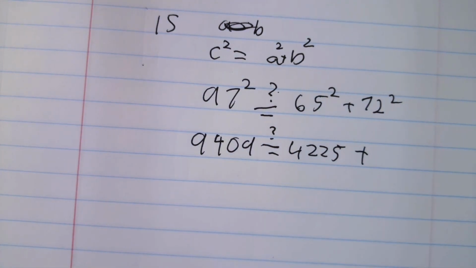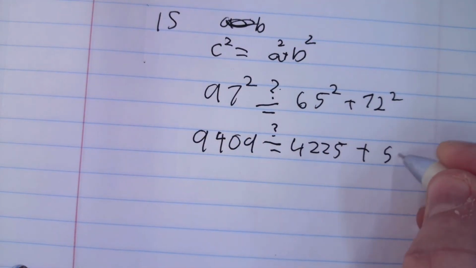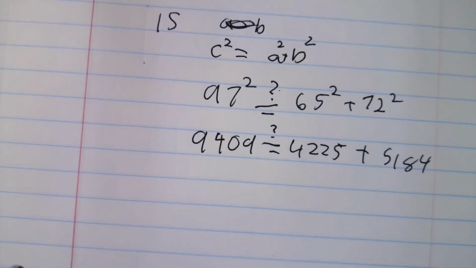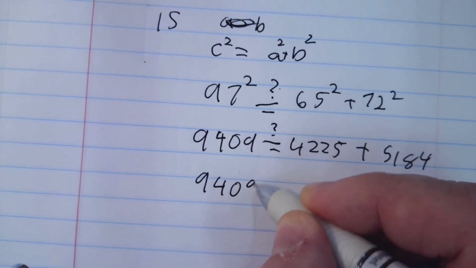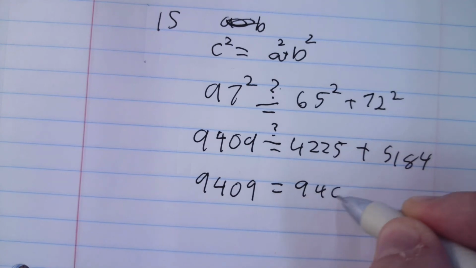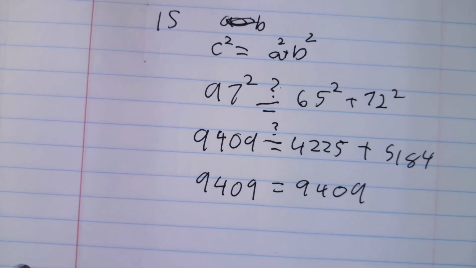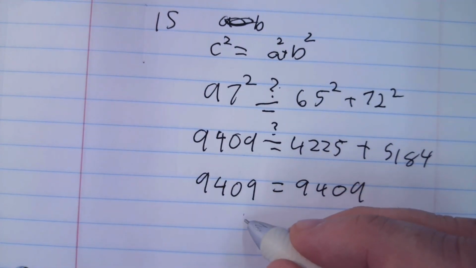Because this is just calculator, and if it's just calculator you can skip stuff. I just like to do this so you can correct me if I do something wrong. So I got 9409 equals 9409. What does this mean? That means it is a right triangle, so yes.